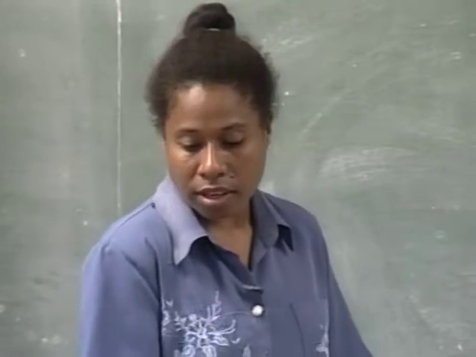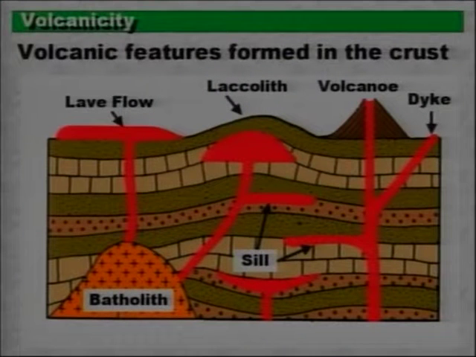Okay, let's look at the diagram now showing those different intrusive features, and I will get volunteers from the class to tell the rest of us what you have understood, or the definition that you would have understood from the handouts that were distributed in our last lesson.